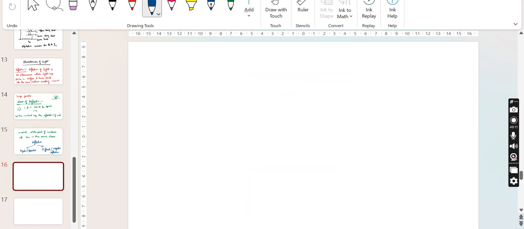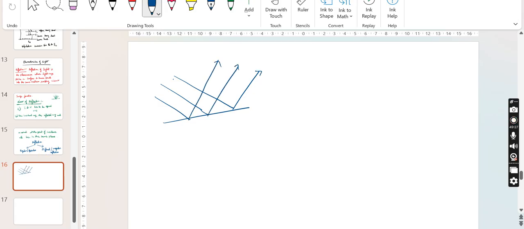So the regular reflection occurs when a parallel beam falls on a smooth surface. They follow the rule of reflection and produce this specular reflection.